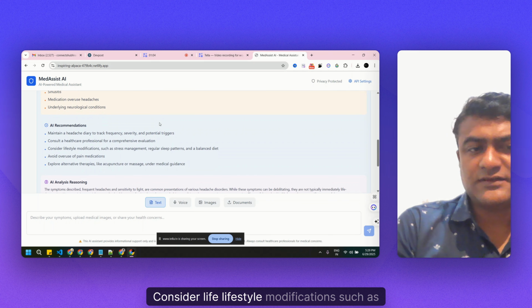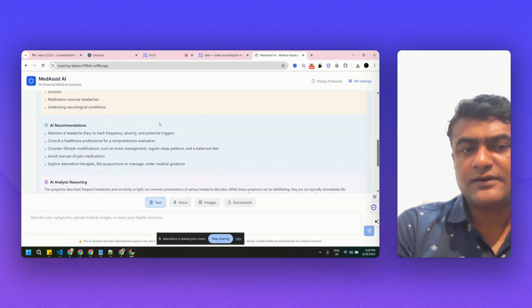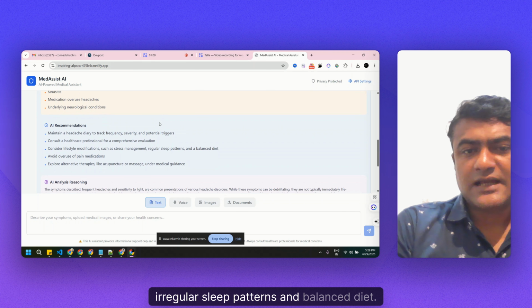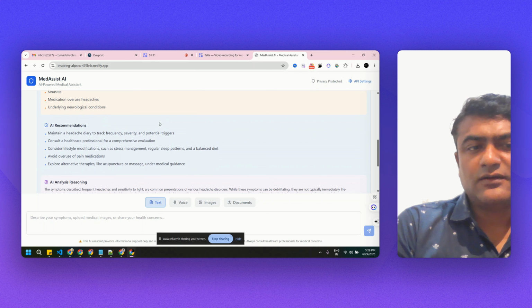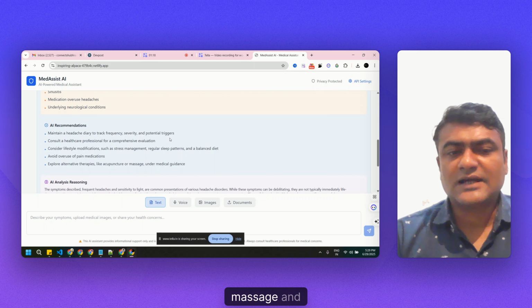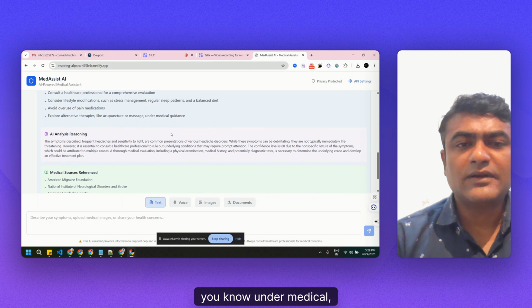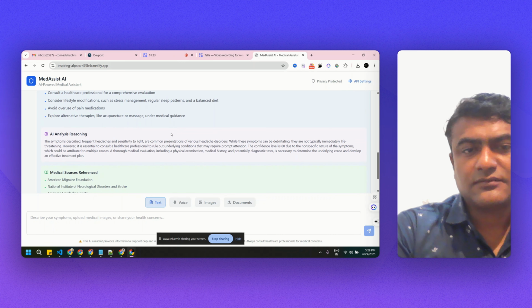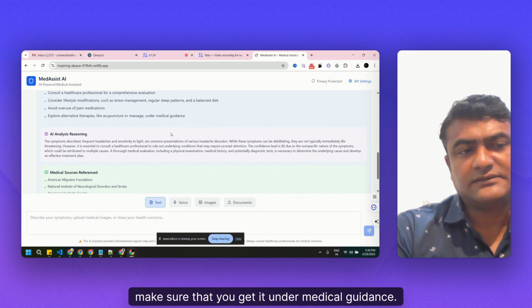Consider lifestyle modifications such as stress management, regular sleep patterns, and a balanced diet. Avoid overuse of pain medication, and explore alternative therapies like acupuncture and massage, but make sure you get it under medical guidance.